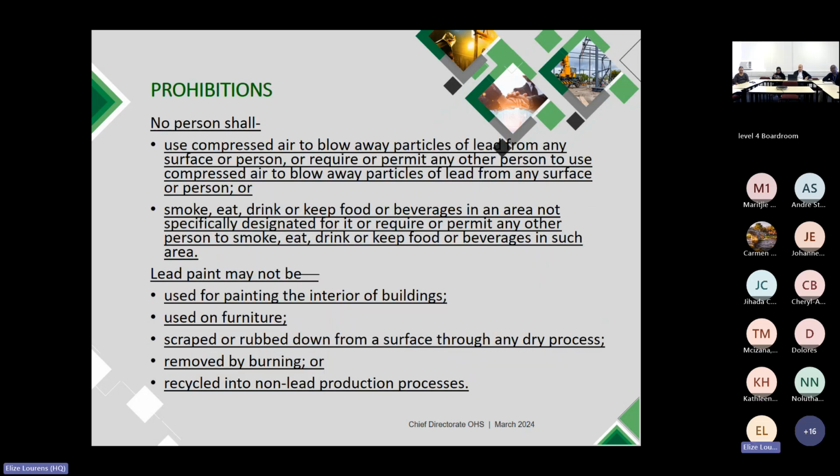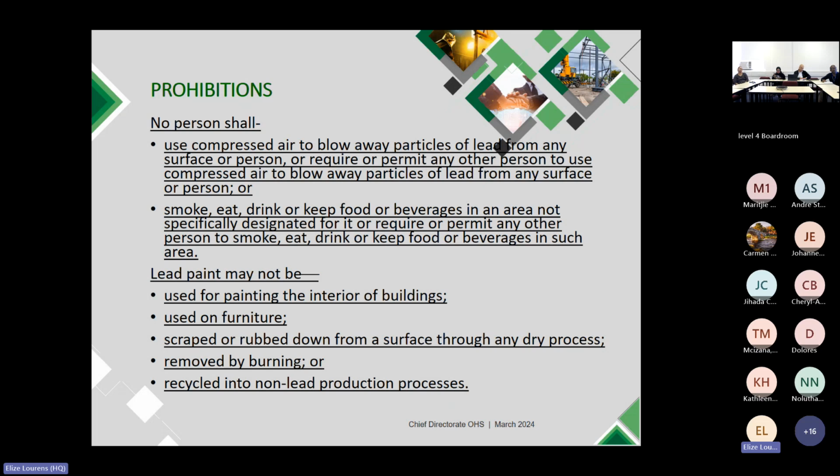Then moving on to prohibitions. No person shall use compressed air to blow away particles of lead from any surface or person, or require or permit any person to do so.